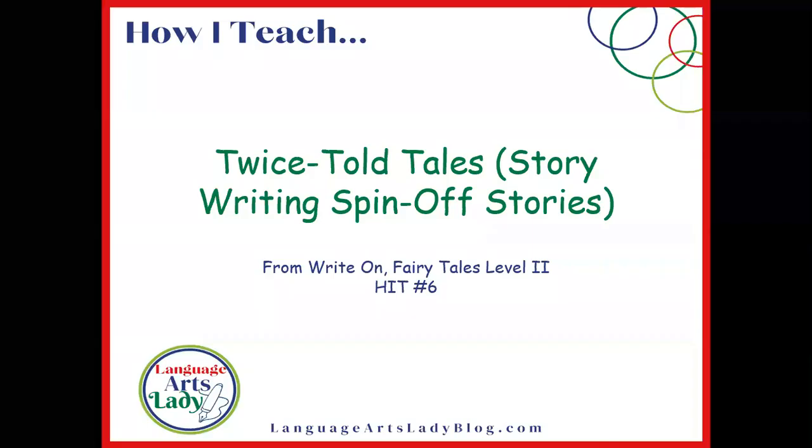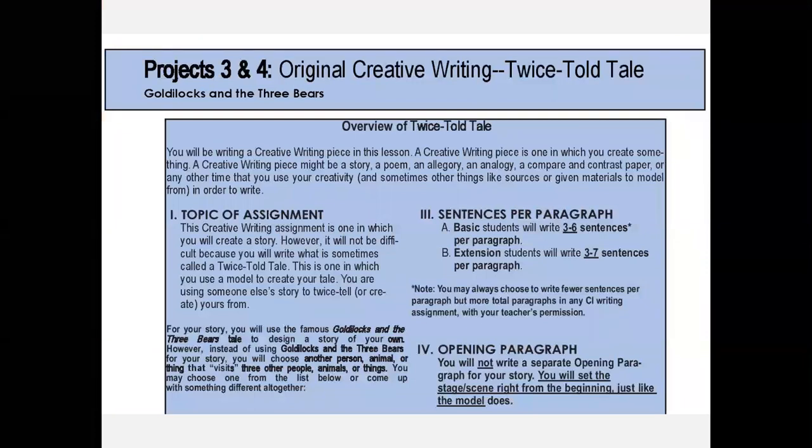They're doing something even simpler than that, all the way up to the high school levels where they are doing A Christmas Carol and The Gift of the Magi and Rumpelstiltskin and some more mature, but still classic stories. So without further ado, I bring you Fairy Tales, Twice Told Tale, Goldilocks and the Three Bears.